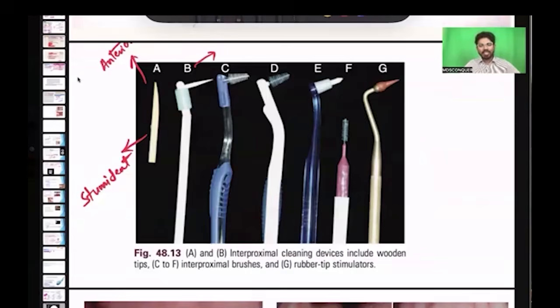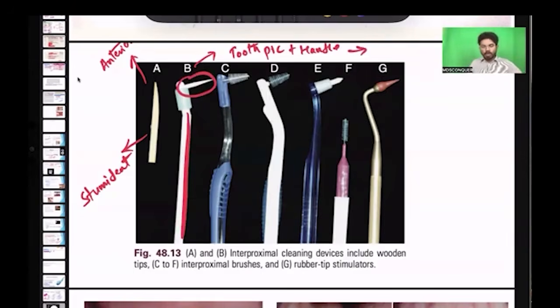Again, B is also toothpick. Single tufted brush, B. B is toothpick plus handle. You can say handle, right? This is the handle. This is a toothpick. So what is the name for toothpick plus handle?